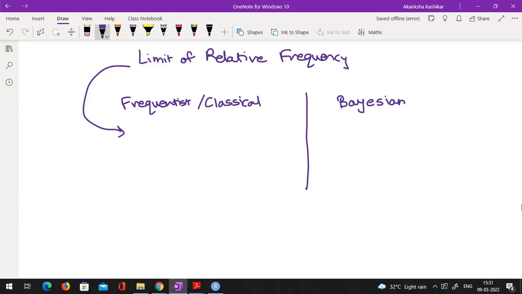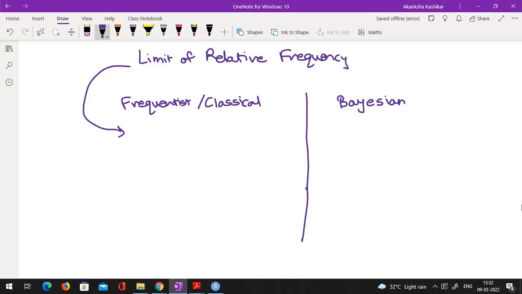So no repetition is possible here, but still normally we would like to assign a probability statement to it. That creates trouble for some people. They say that in the frequentist or classical approaches, you cannot really assign probability to events which are not repeatable. That's why they say that in those cases Bayesian should be preferred.